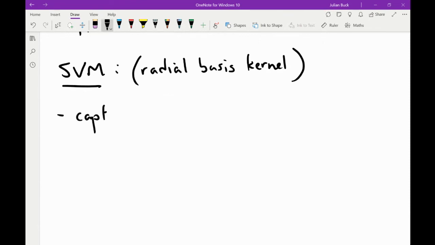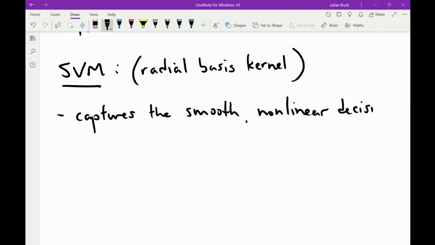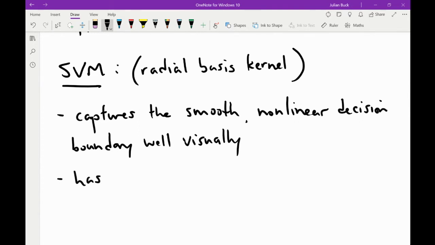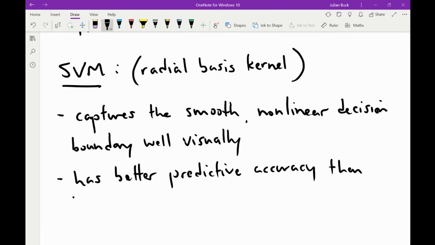So this captures the smooth nonlinear decision boundary well visually, and it has better predictive accuracy than the random forest model.